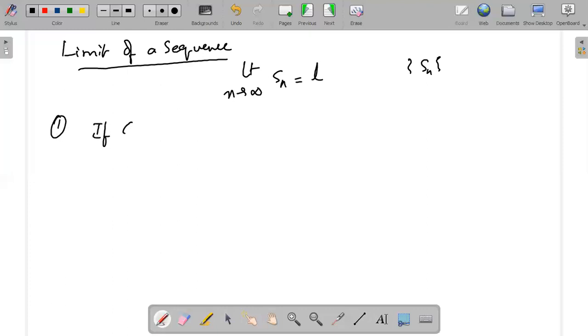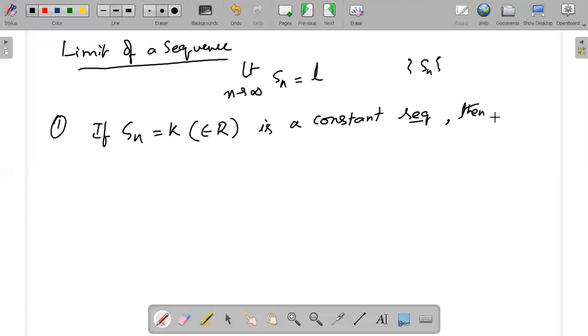If Sn is k, where k belongs to R, is a constant sequence, then limit Sn is equal to k.